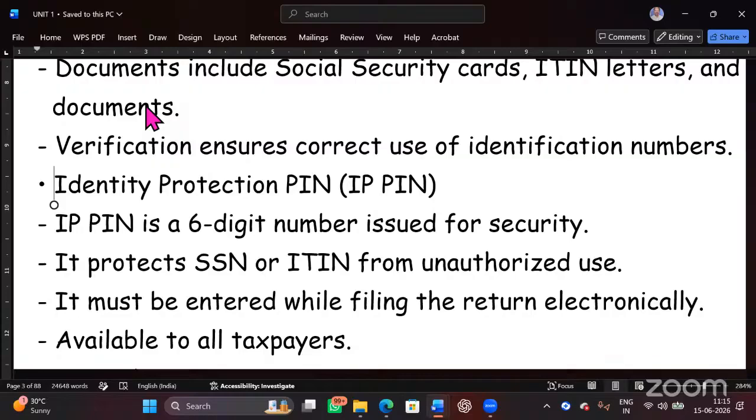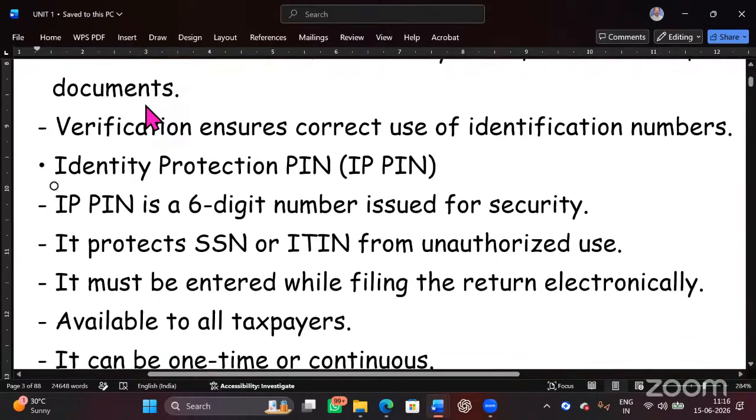In that case, the taxpayer has to communicate that information to the income tax department. The income tax department is going to issue one PIN that is technically called IP PIN. Individual personal identification number, Identity Protection PIN, will be issued.